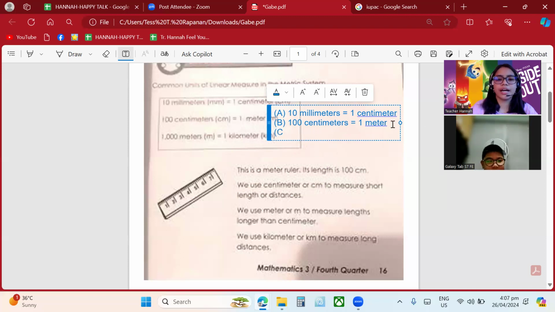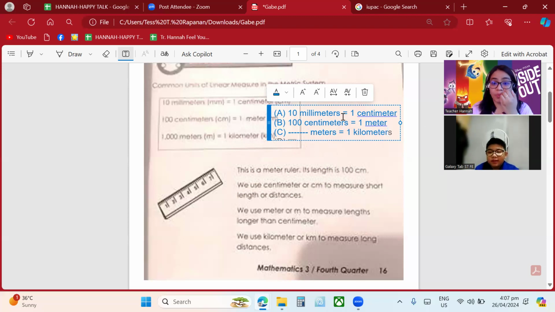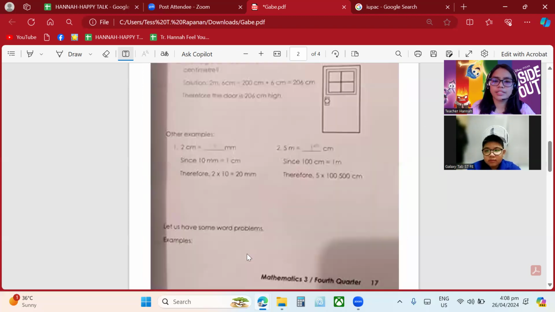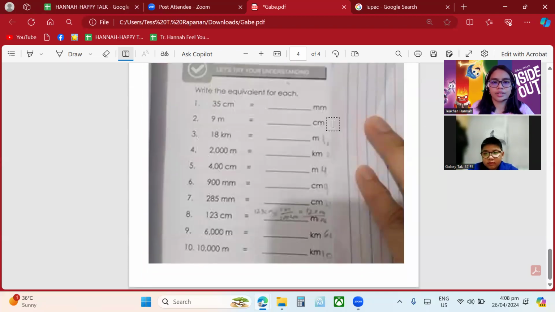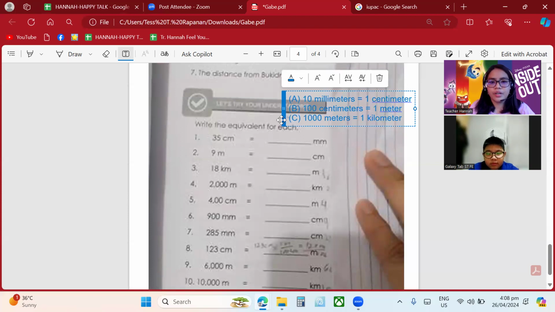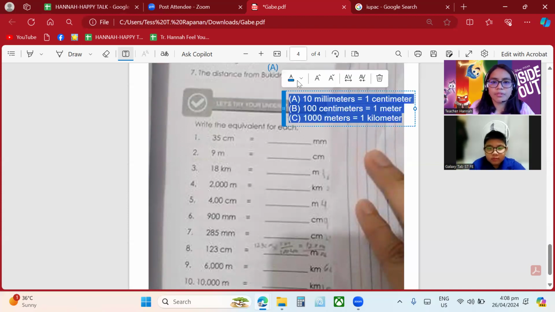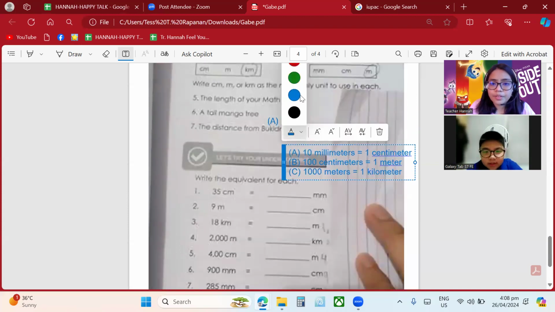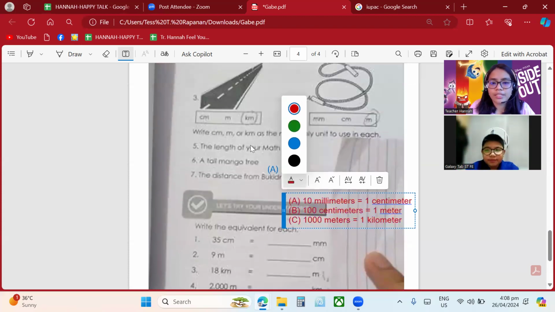Now, for our last conversion, how many meters are there for 1 kilometer? 1,000. Very good. Okay, so I see that you are trying to memorize it already. Always remember this, Gabe, okay? Okay, teacher. We have to memorize this.